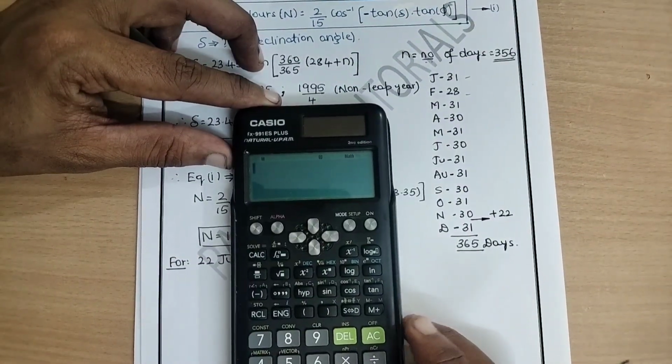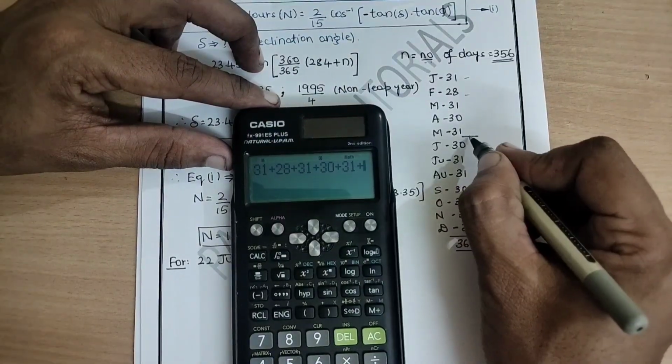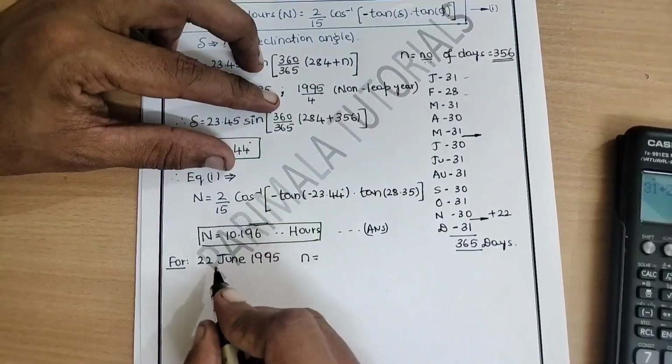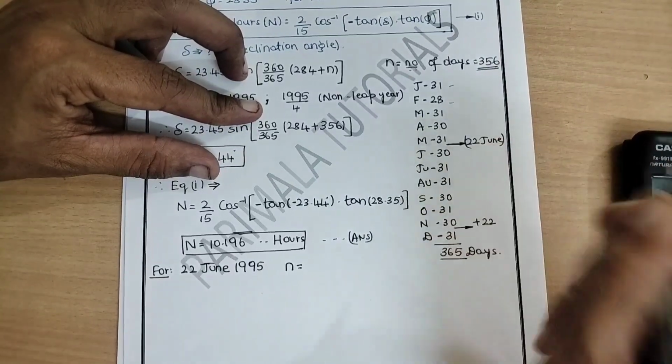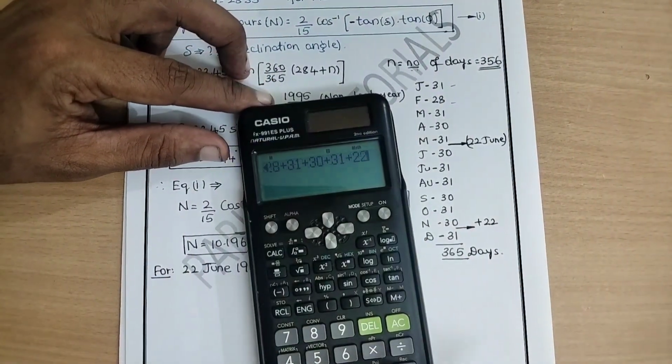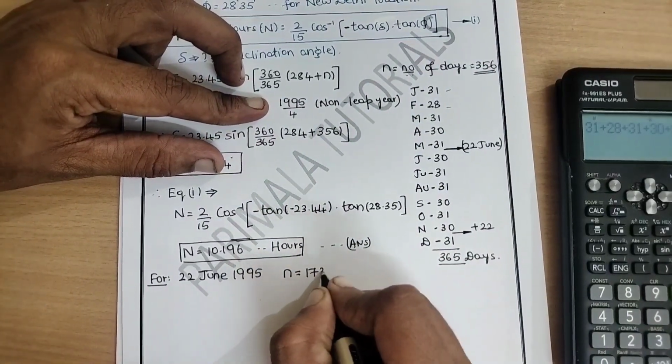Let us make use of the calculator here. 31 days plus 28 plus 31 plus 30 days in April plus 31 days in May plus, this is where our 22nd June lies, so plus 22. So therefore the number of days is equal to 173 days.